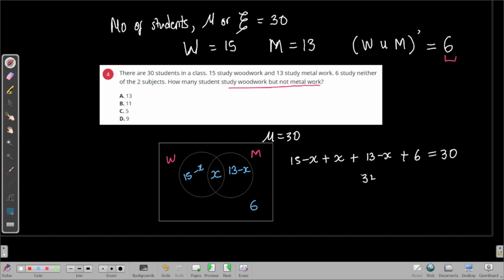So I have 34 minus X is equal to 30. So X is 34 minus 30, and that's equal to 4.